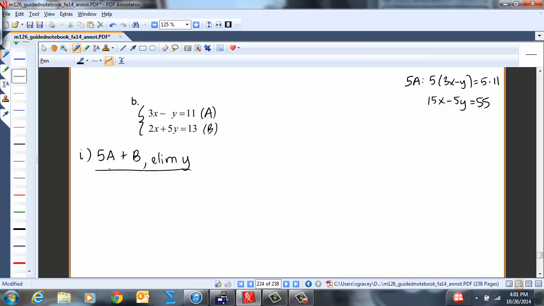So let's put that in. 15x minus 5y equals 55. And then notice we'll have opposing signs on our y and opposing 5s as coefficients to our y's. And that's what we were after. So adding, we'll get 13x is equal to 68.